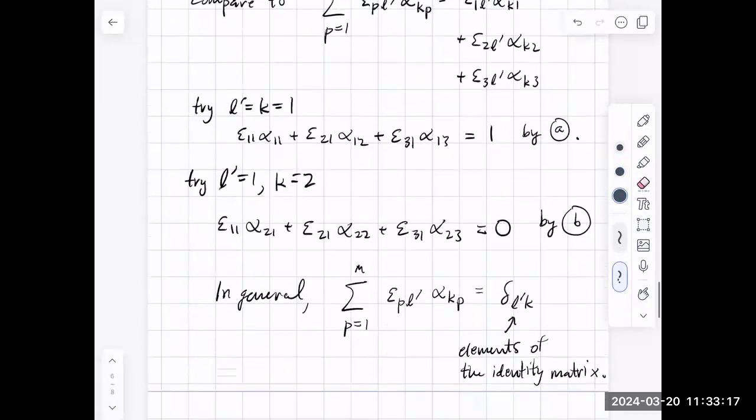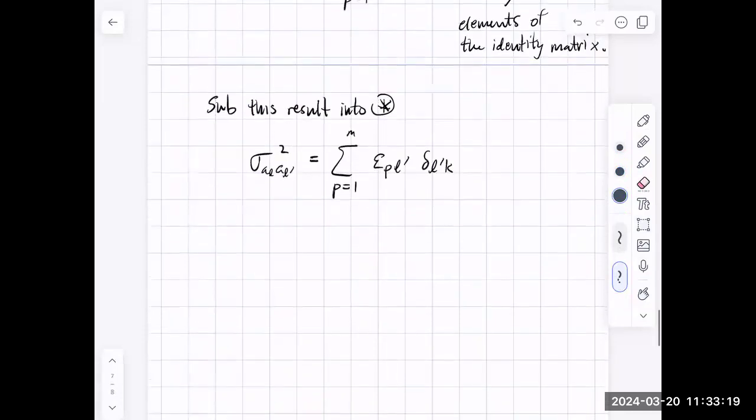Yes. It's even a K in my notes. Okay, good. So we're going to sum over values of K, and the only one that's going to survive is when L prime is equal to K, or K is equal to L prime, is what I should say.